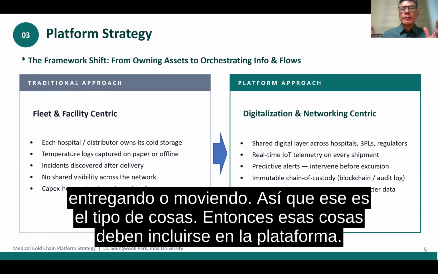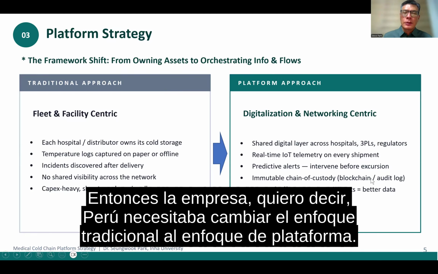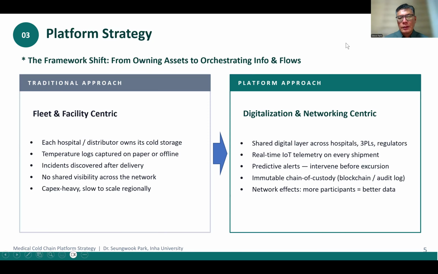So we can predict, with some kind of alarm, expected or unexpected problems in delivering or moving. Those things must be included in the platform. So Peru needs to change the traditional approach to the platform approach.